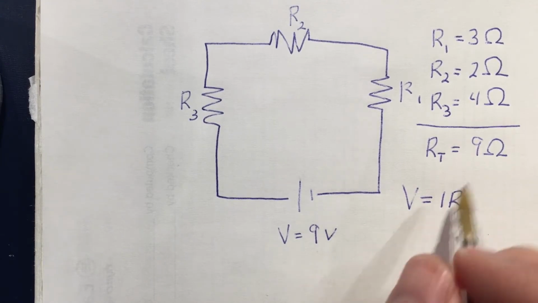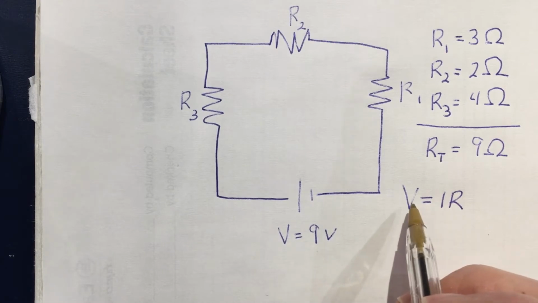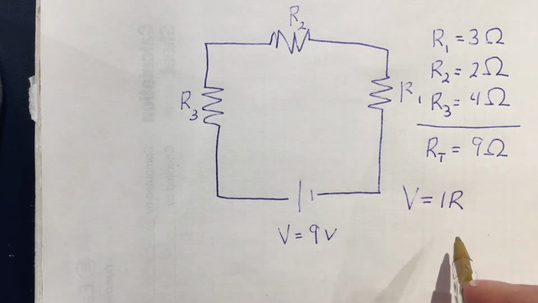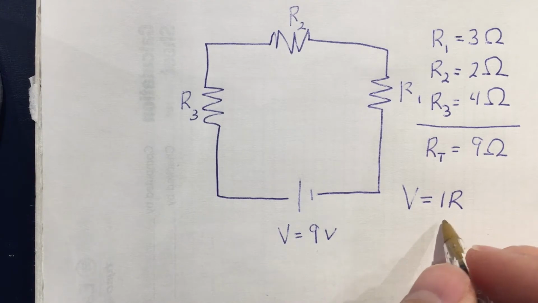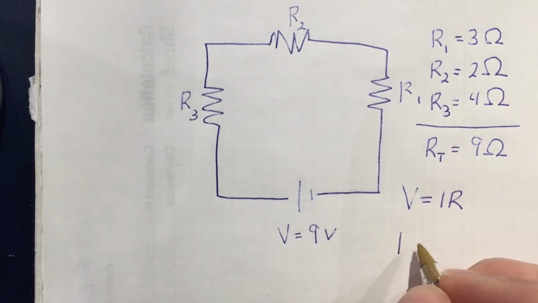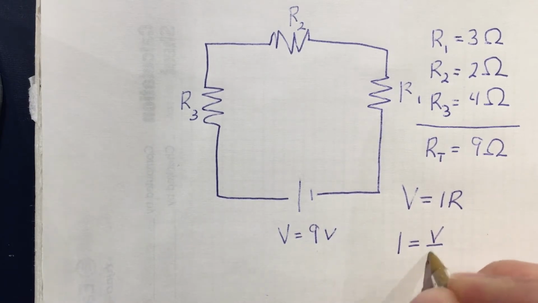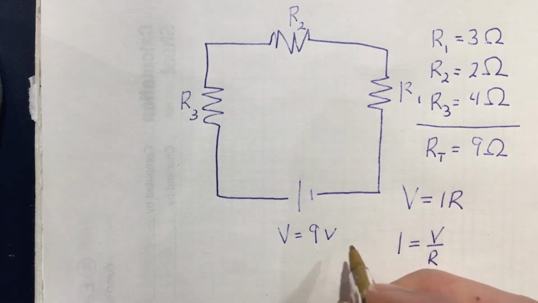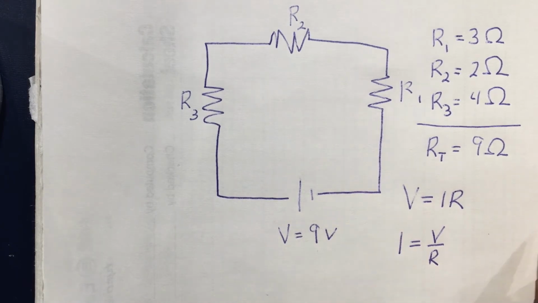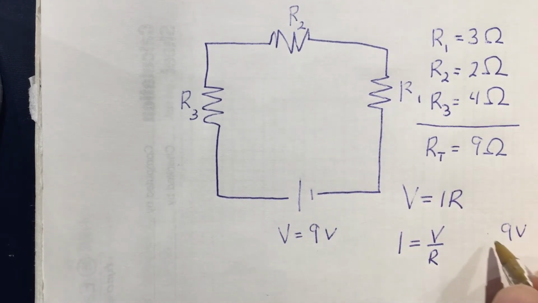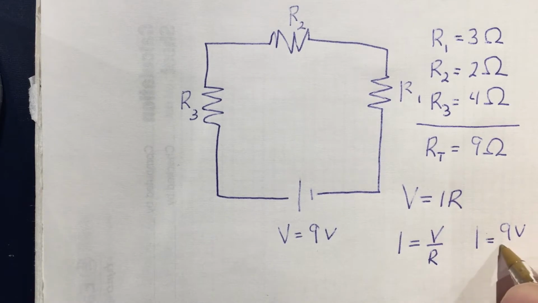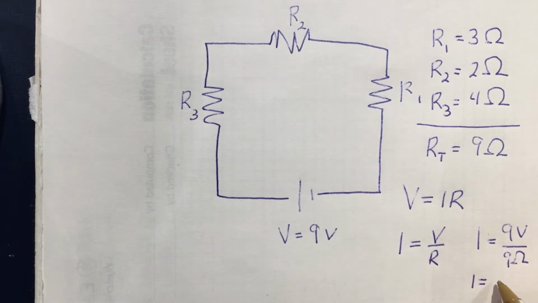In this case, we know R and we know V, and what we're trying to figure out is I. So let's rearrange for I. Let's divide both sides by R, and I get that I is equal to V over R. Now, substituting in 9 volts and 9 ohms, I can pretty quickly see that I is going to be 9 over 9, or 1 amp.